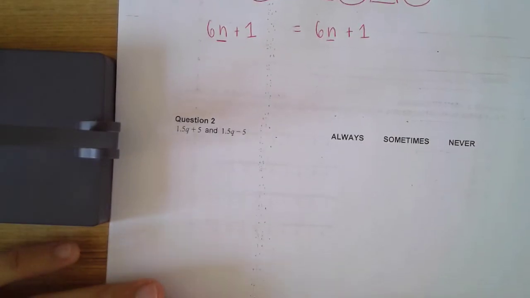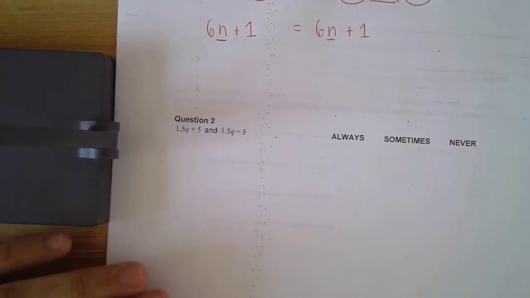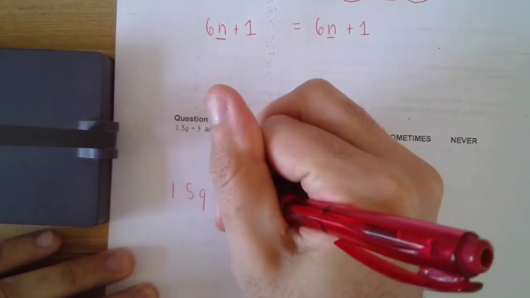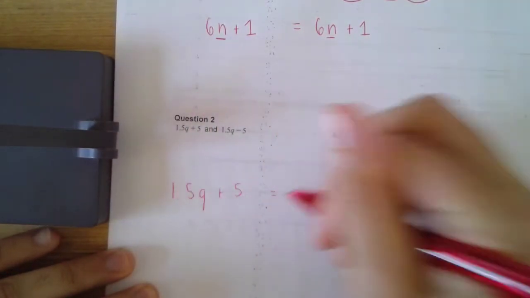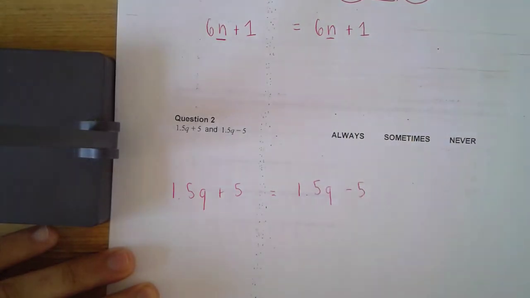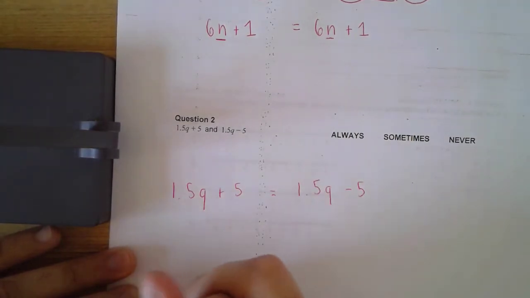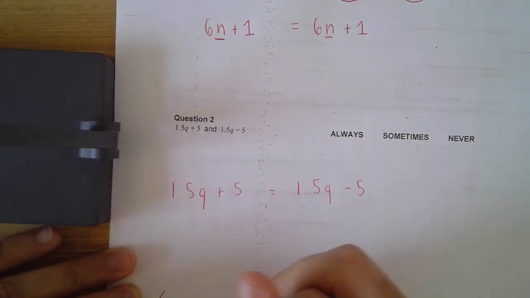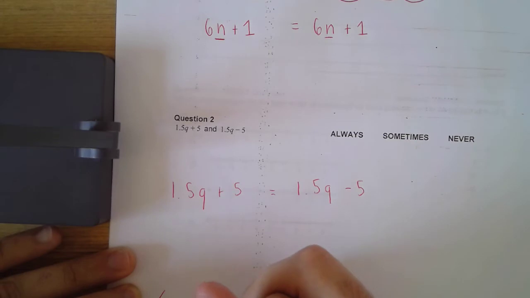Now, for question 2, it's slightly different because they're already pretty simple as it is. We have 1.5q plus 5 is equal to 1.5q minus 5. Very straightforward. If I wanted to plot this, hypothetically speaking, on a number line, right here we have 1.5q plus 5.